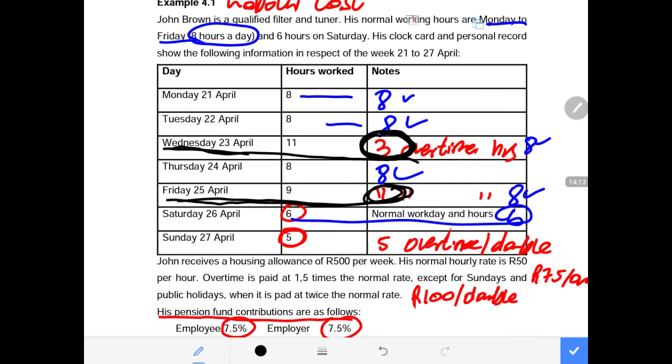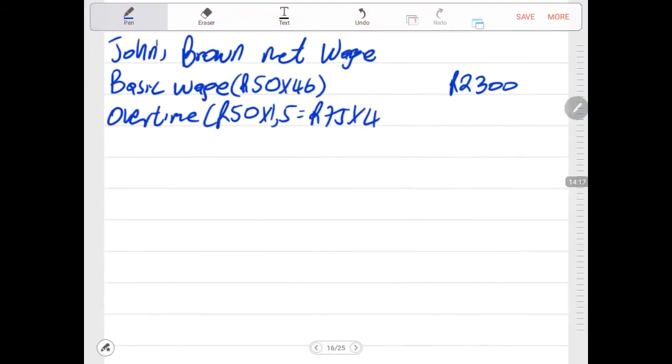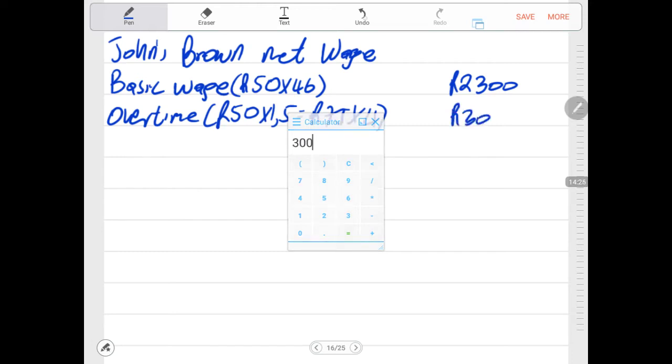So 3 plus 1 gives us 4 hours of overtime. That is why we multiply by 4. So 75 times 4 gives us an amount of 300, and this is part and parcel of the gross wage or the gross salary.